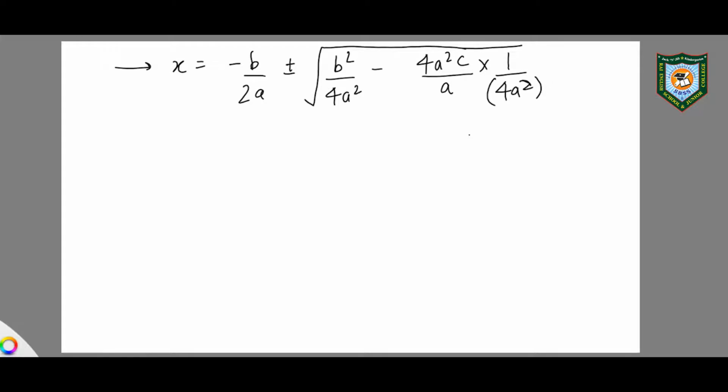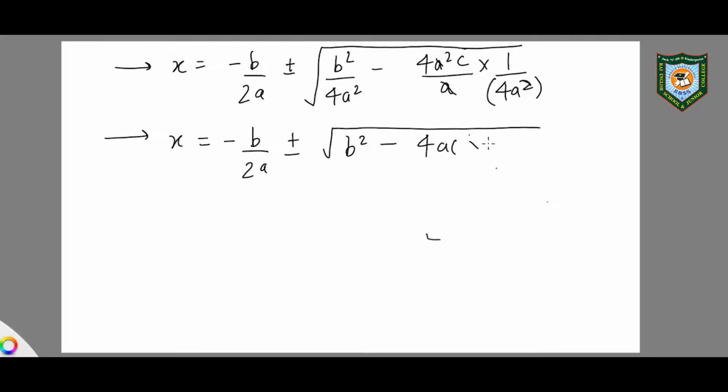So what I'm going to do is I'm going to take 4a square from the denominator in the under root common, and I'm going to bring it outside. So x is equals to minus b by 2a plus minus. Now remember, my under root 4a square is common. So I have b square minus this 1a and this 1a cancels. So I get 4ac in the numerator, 4ac into 1 divided by under root 4a square.